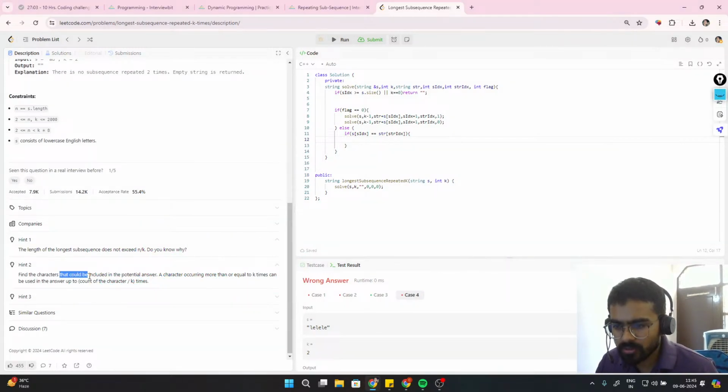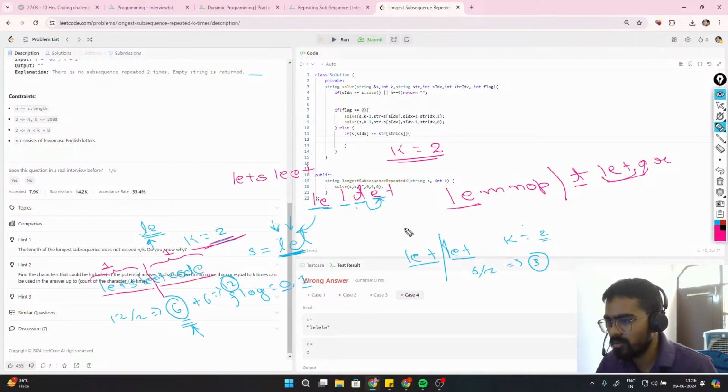Find the characters that could be included in the potential answer. A character occurring more than or equal to k times can be used in the answer, up to count of character by k times. Right?